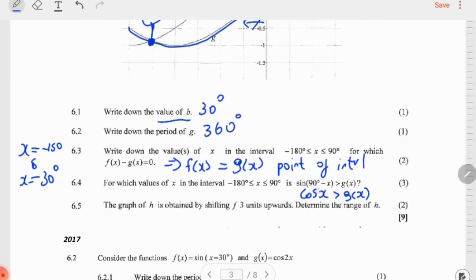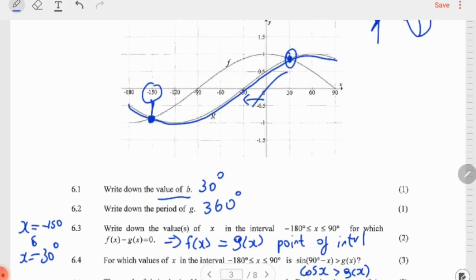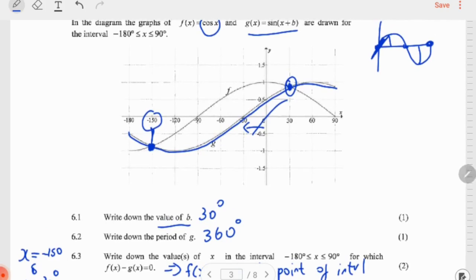So we need to go check where is f at x greater than g at x. So that means in our graph, we're going to check which region of the graph is f at x on top of g at x. Okay, let's go check. Before 150, g is on top of f at x, but between 150 and 30, f is indeed on top of the g. So this is where f is greater than g.